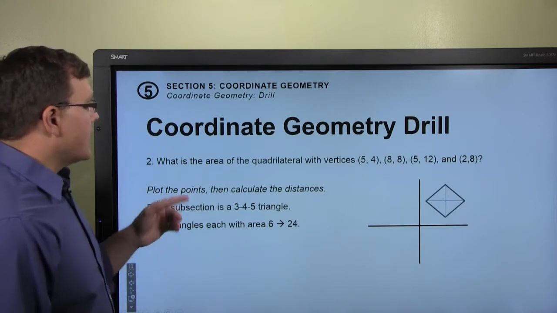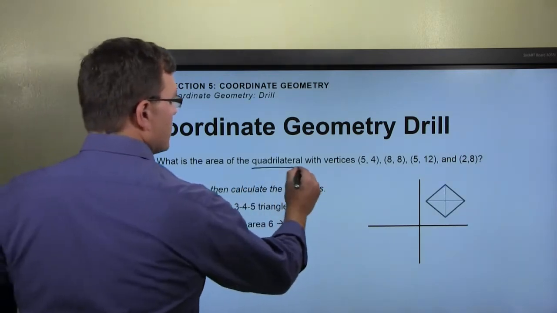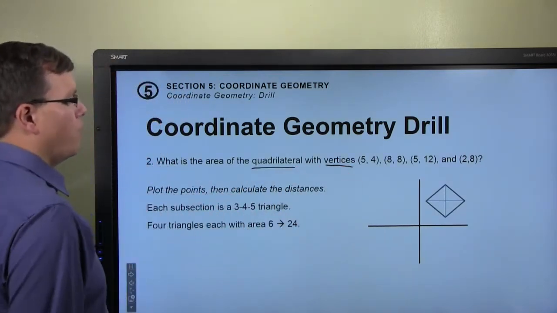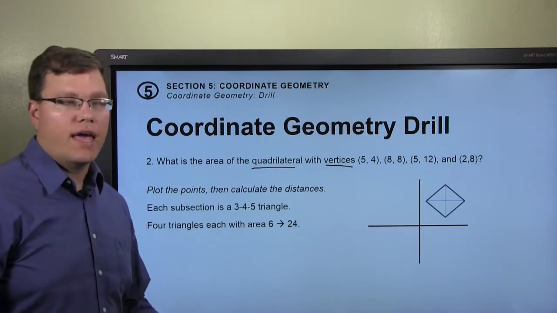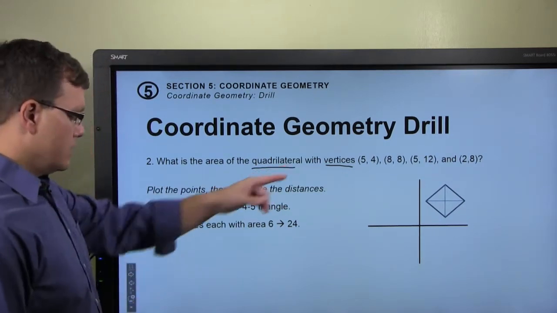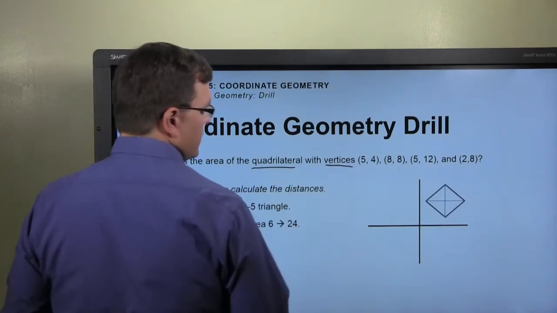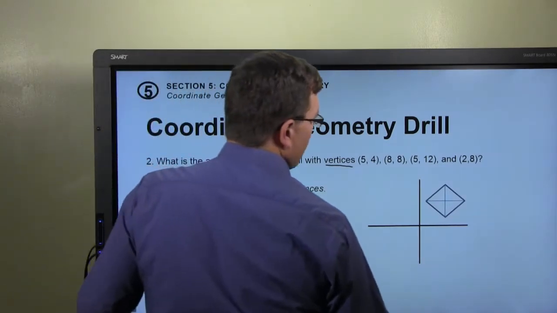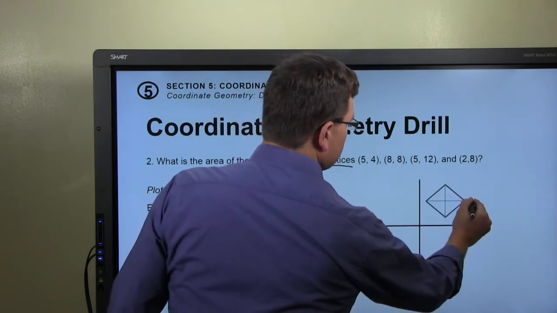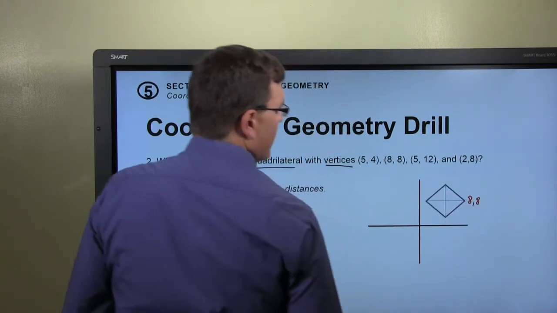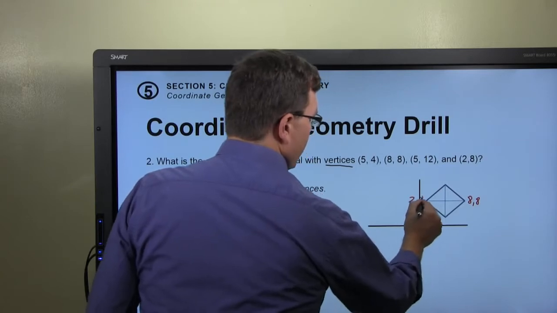All right, second, what is the area of a quadrilateral with the vertices 5, 4, 8, 8, 5, 12, and 2, 8? So look at our drawing over here and look at the different points, okay? This one is going to be 8, 8. This one is going to be 2, 8.